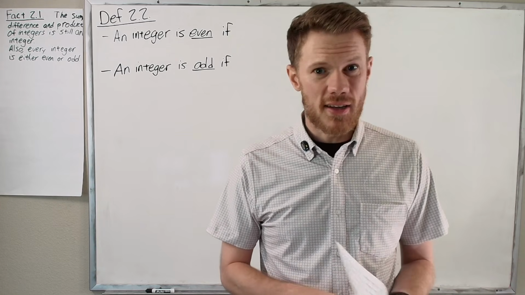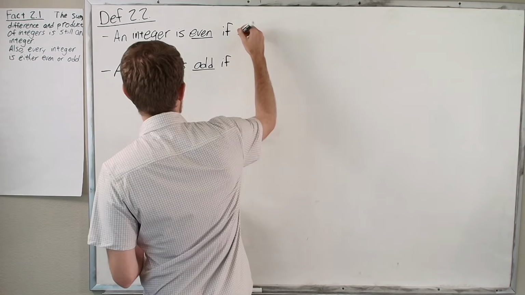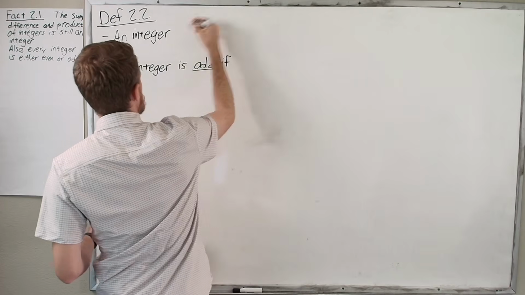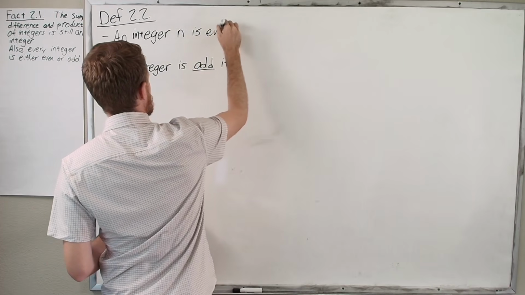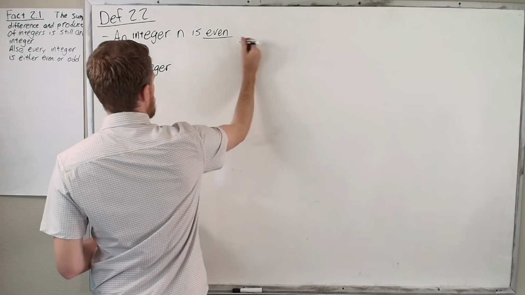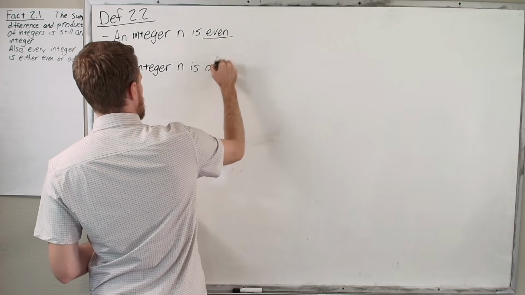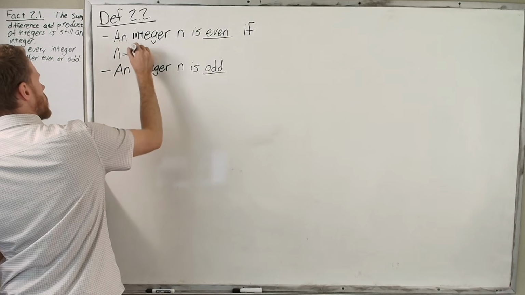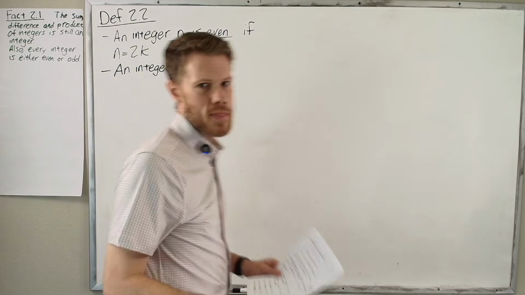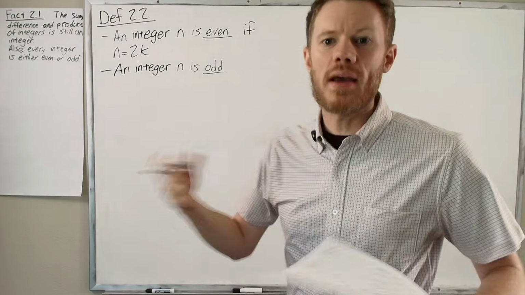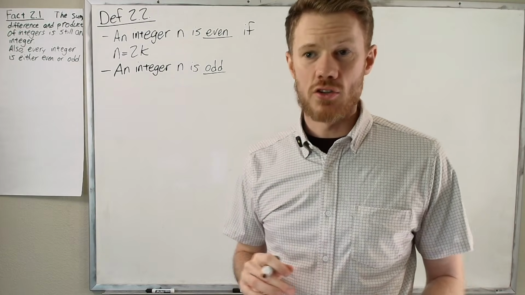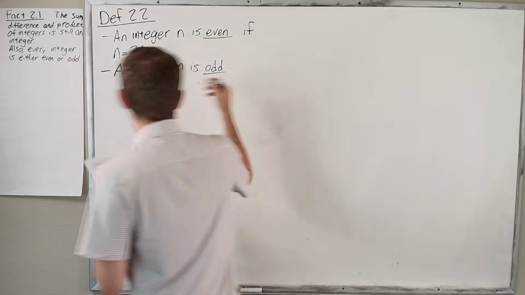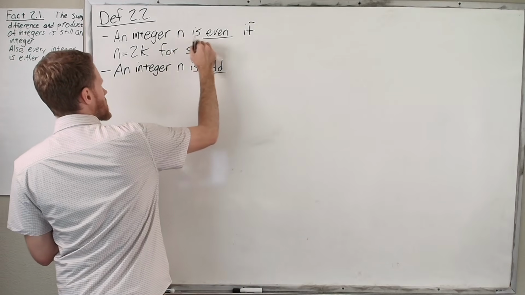It's the same definition, but this way, an integer n is even, and usually you underline the word that you're defining, if n equals 2k. So if n is twice an integer, and k has to be an integer, k can't be 2.5 or pi or something. No, if n equals 2k for some integer k.